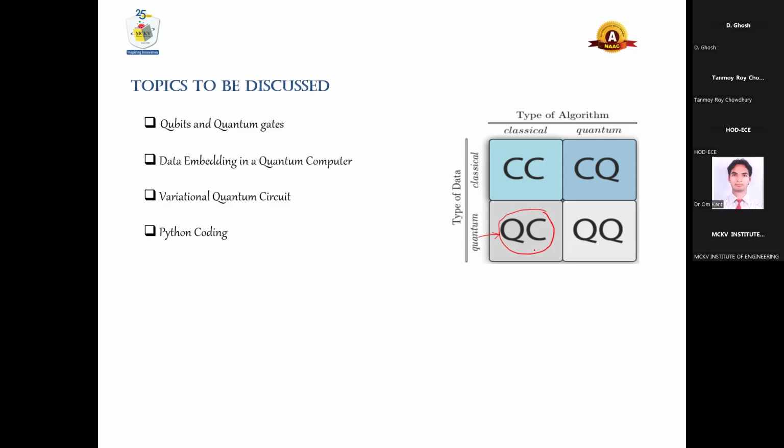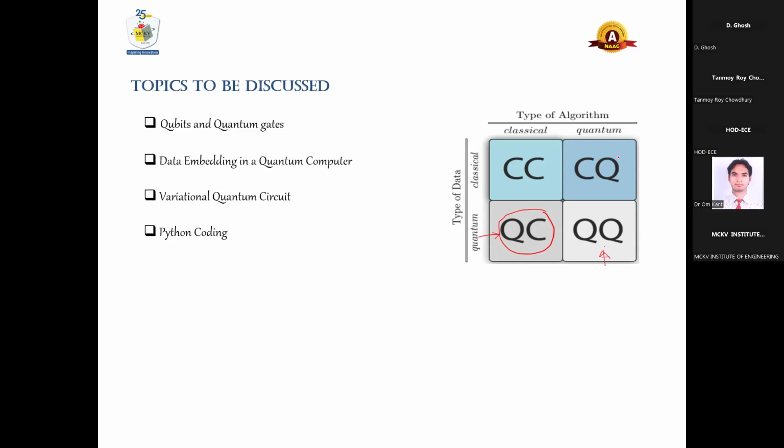So let us say you have a system of atoms or photons in different polarization states. If you're trying to measure them, the data is coming from a quantum system and you're processing that data using a classical algorithm. So that is this part. Now, quantum-quantum is, again, you're processing quantum data using a quantum algorithm. This is the future.